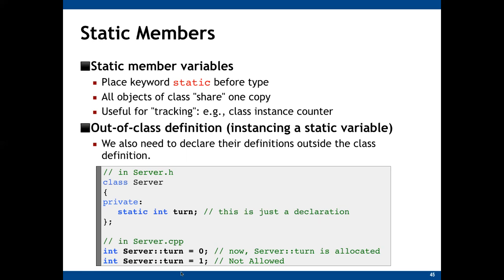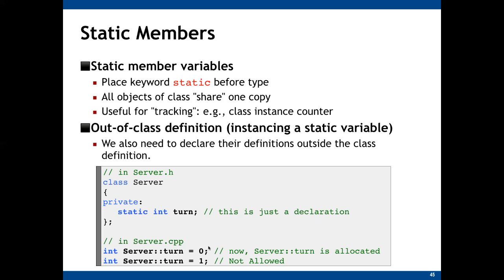As you can see here, the static member variable turn is initialized outside of the class definition here. And unlike accessing ordinary member variables, we do not use the dot operator. Instead, we use the class name and the scope resolution operator, which is a double colon like this.